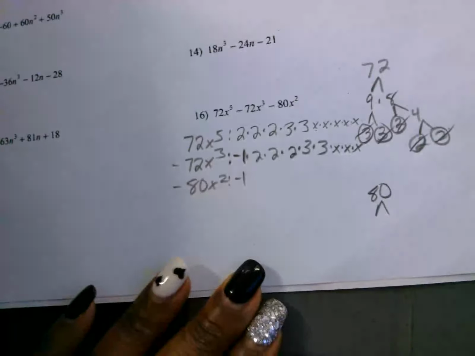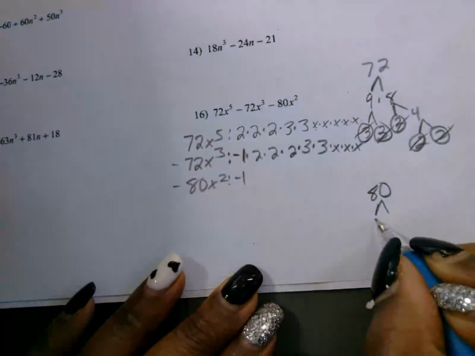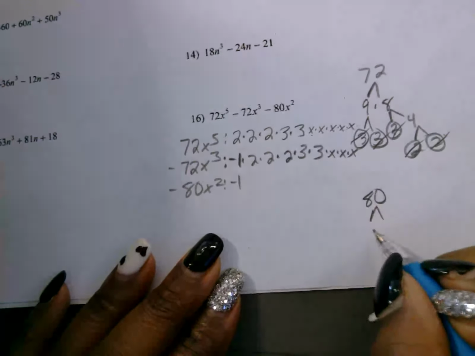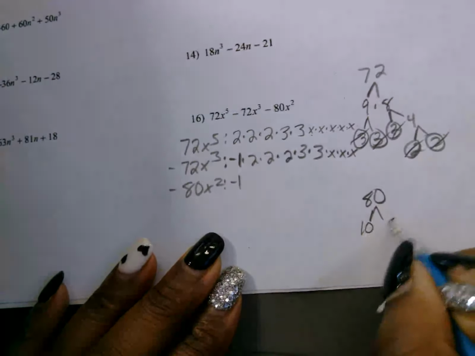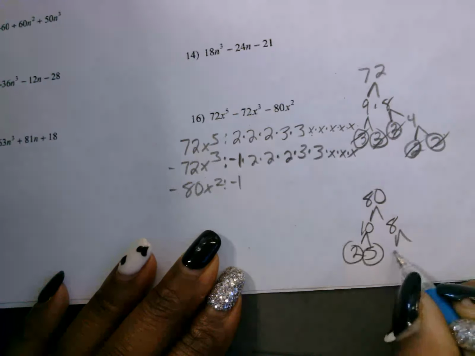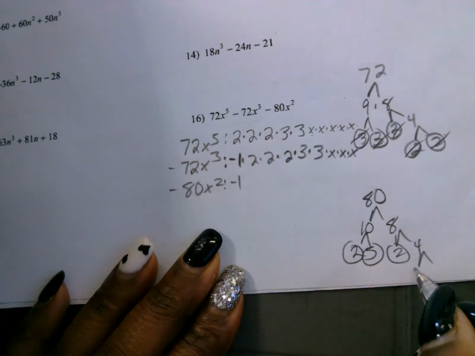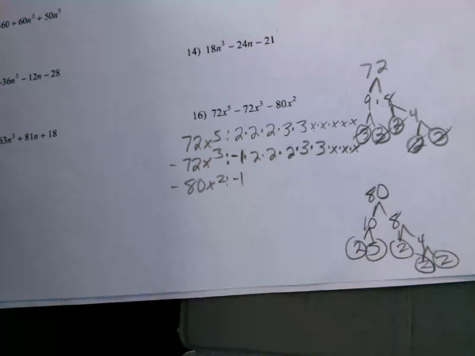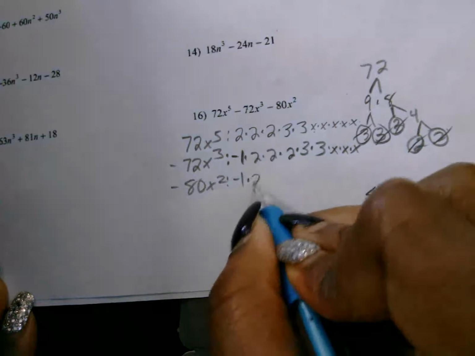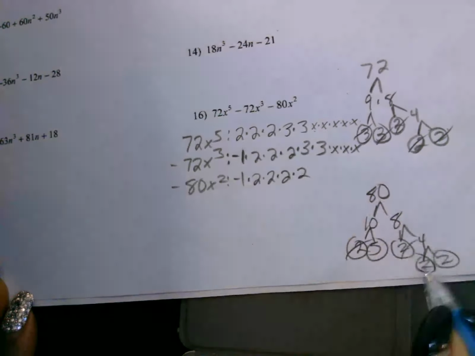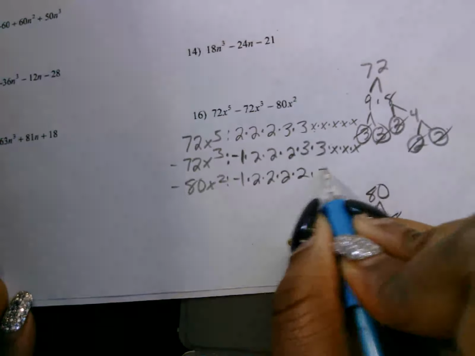What two numbers can be multiplied to give you 80? 10 times 8. 2 and 5. And this is 2 and 4, then this is what? 2 and 2. How many 2's total? 4 2's. 1, 2, 3, 4. How many 5's? 1 5.